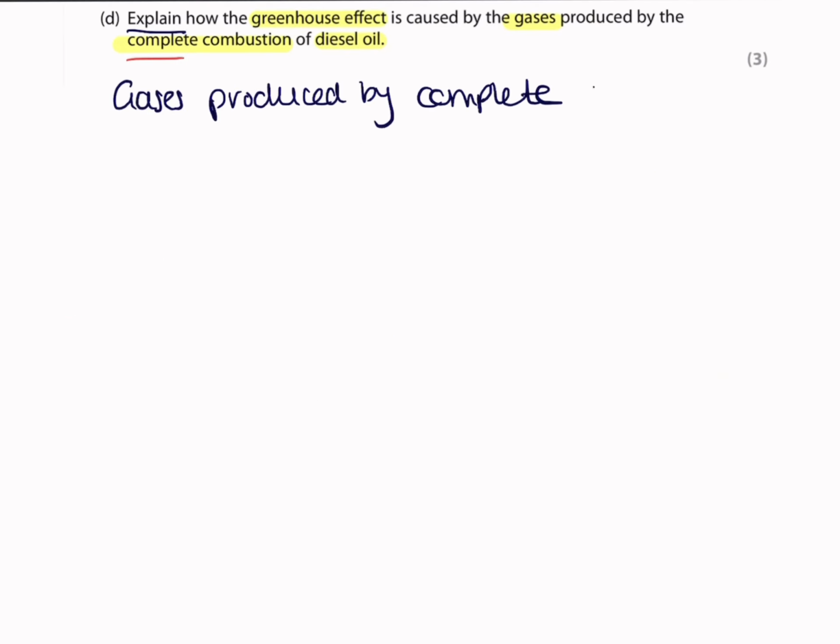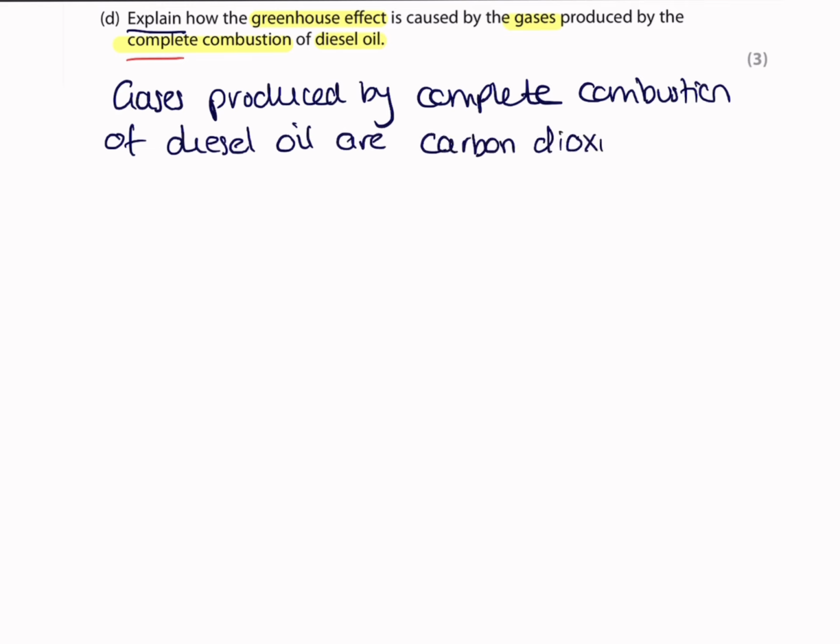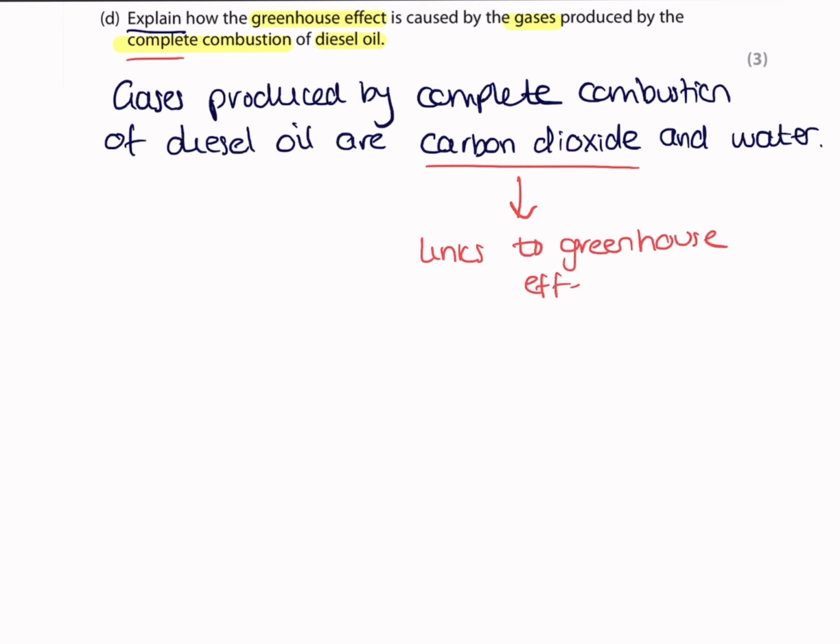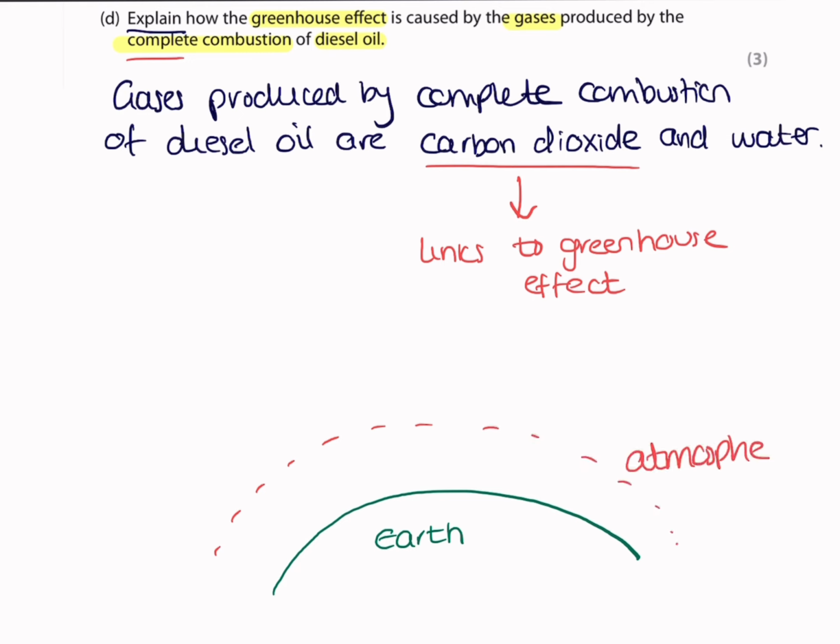And so the gases that are produced by the complete combustion of diesel oil, referring back to the question, are carbon dioxide and water. So it's the carbon dioxide that is linking to the greenhouse effect. If you imagine the Earth, and then the Earth has our atmosphere.